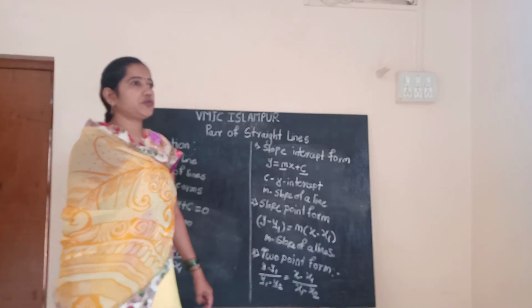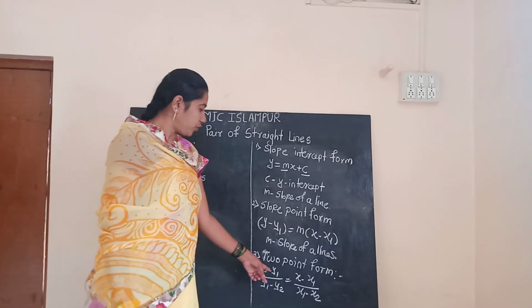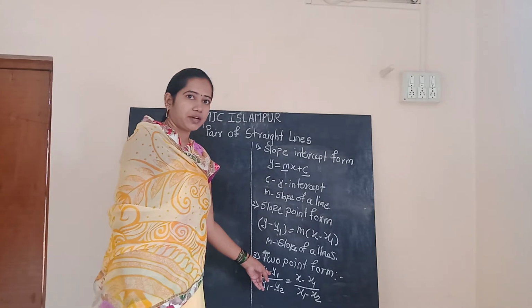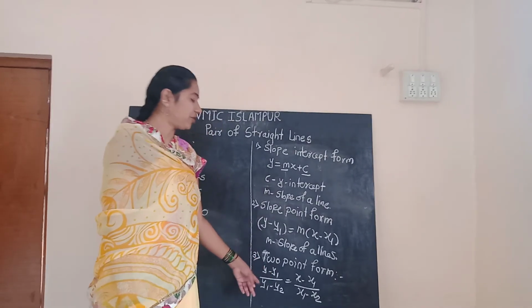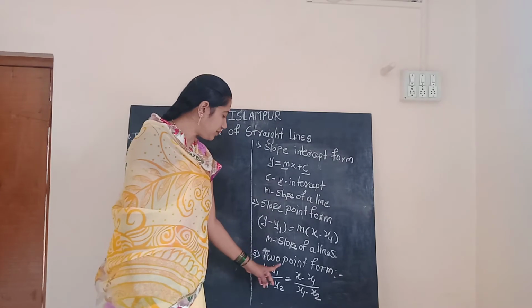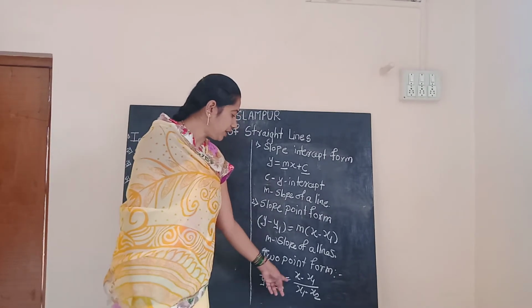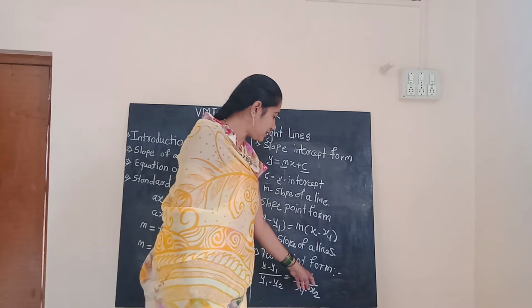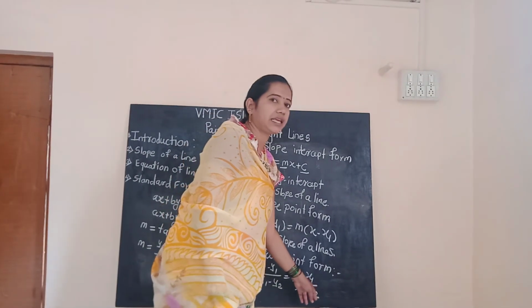If we are given two points through which the line passes, then we calculate the equation of the line by using this form: y minus y1 divided by y1 minus y2 is equal to x minus x1 divided by x1 minus x2.